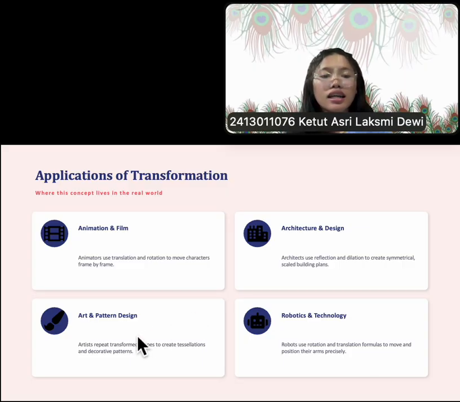Third is in art and pattern design. Artists repeat transformed shapes to create beautiful decorative patterns. And fourth, in robotics and technology. Robots use rotation and translation formulas to move and position their arms precisely. So, can you think of another example from your own daily life where transformation might be hiding?